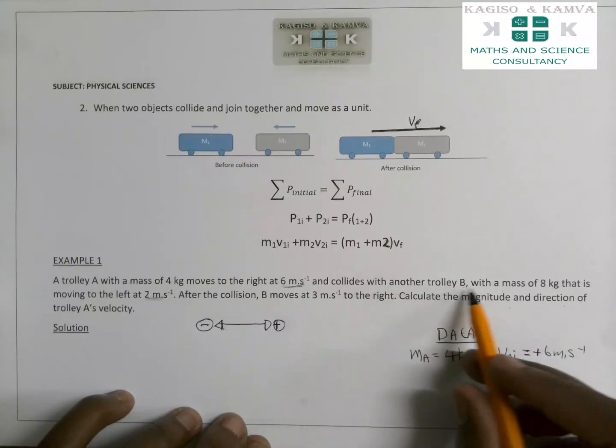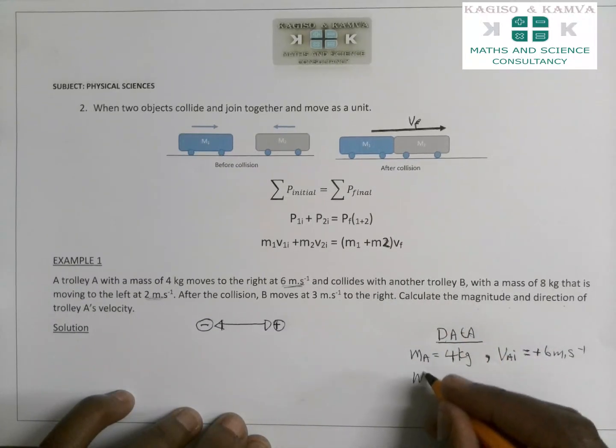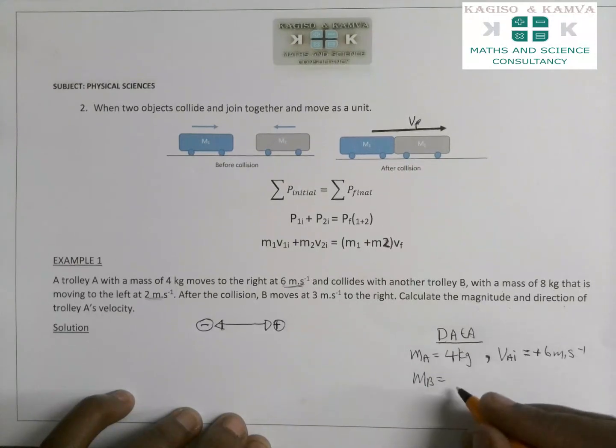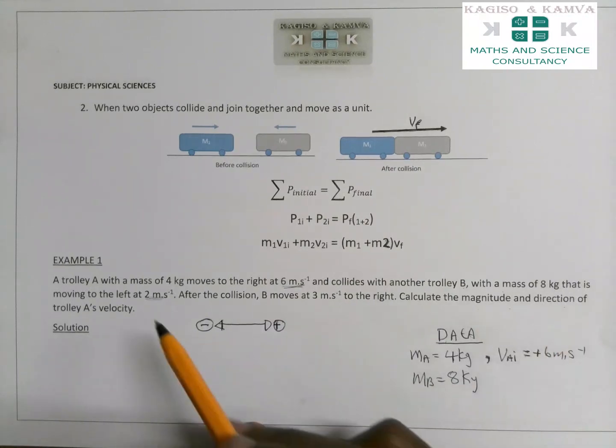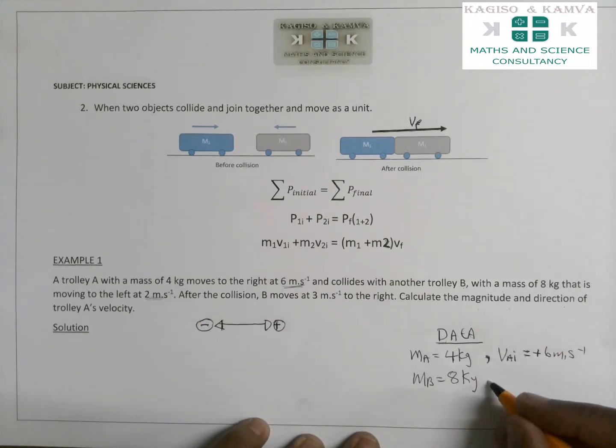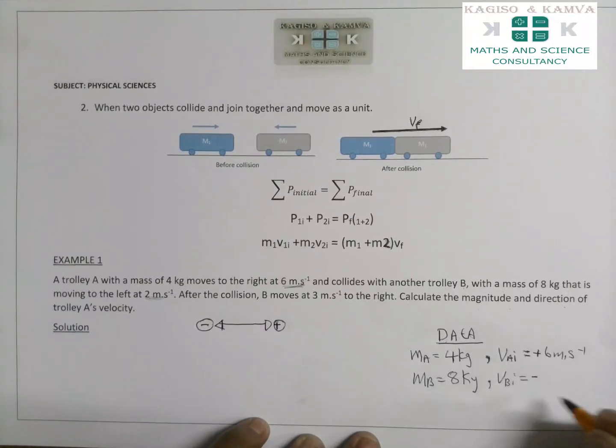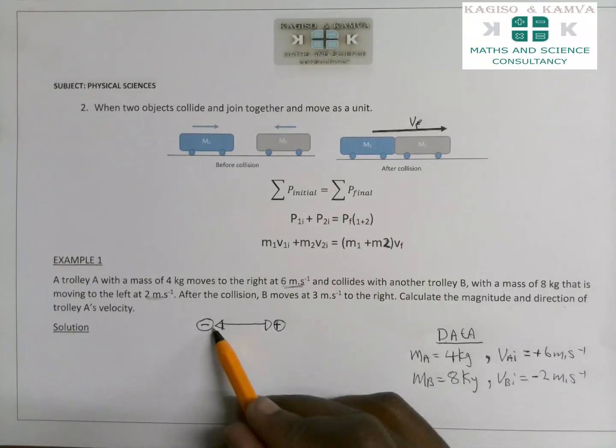They say it collides with trolley B, mass of B, that will be 8 kg, moving to the left. So the initial velocity of B is negative 2 meters per second, because it is taking that direction.